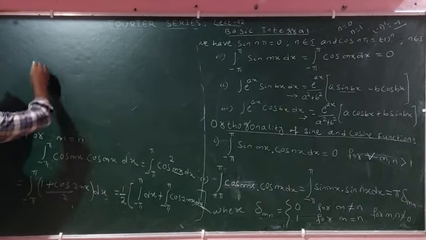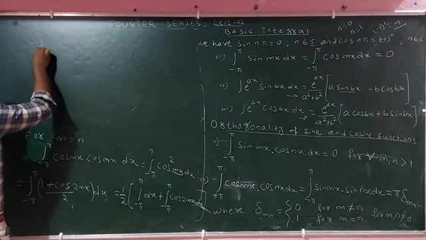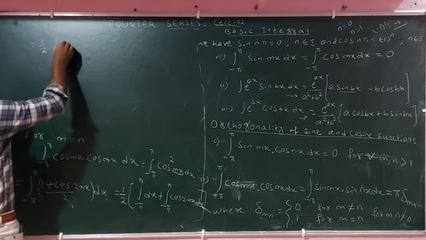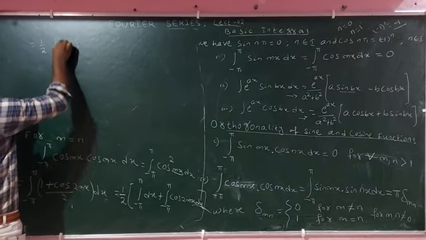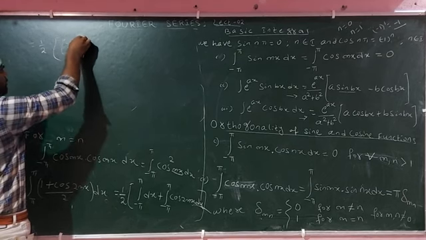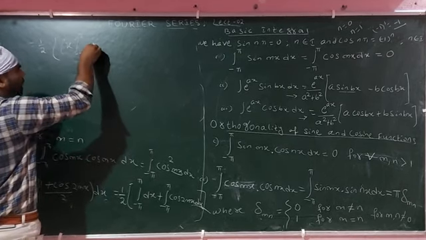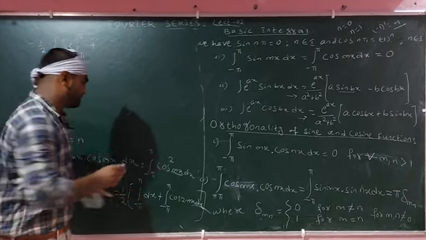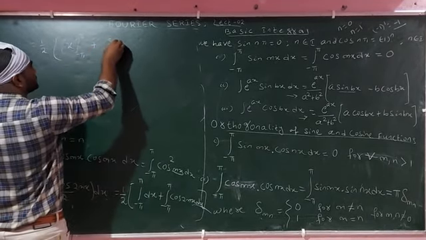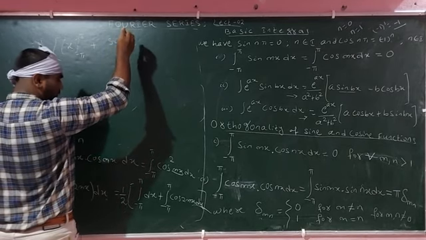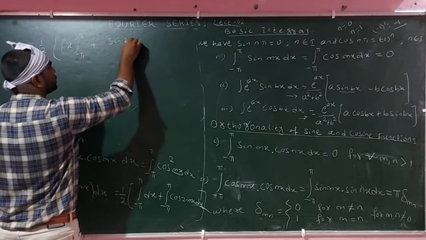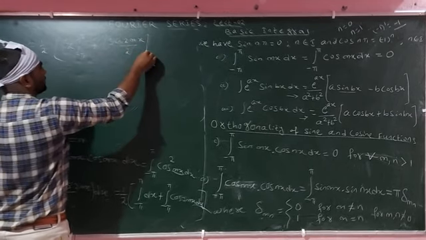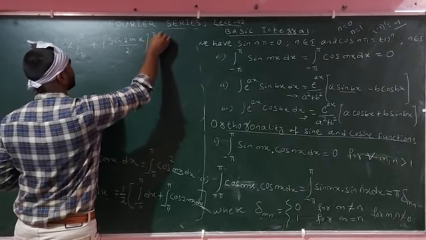Here we have half, the integration of dx will be x with limits minus pi to pi, plus the integration of cos 2mx, which will be sine 2mx divided by 2, with limits minus pi to pi.